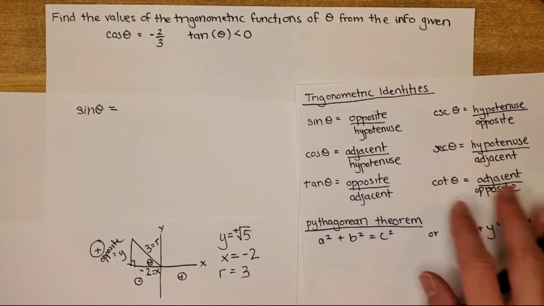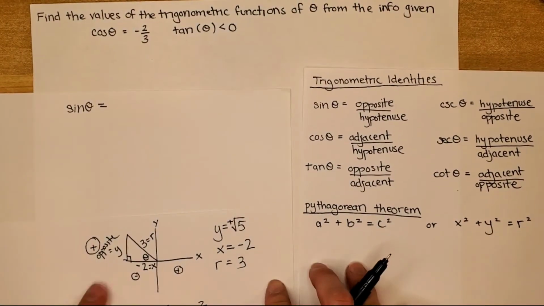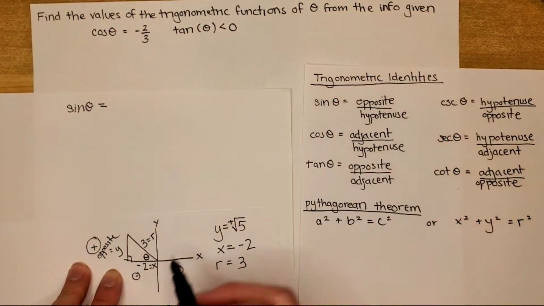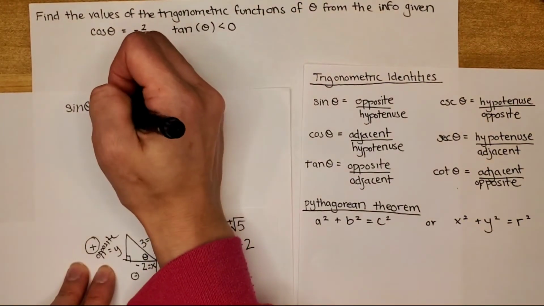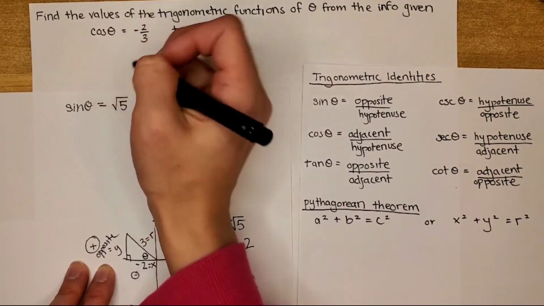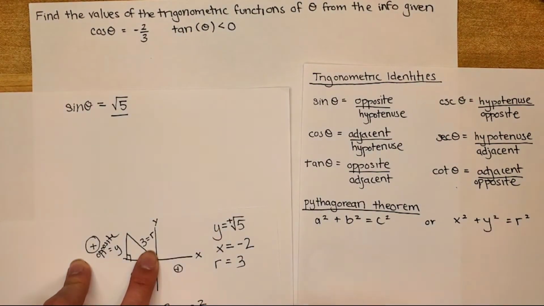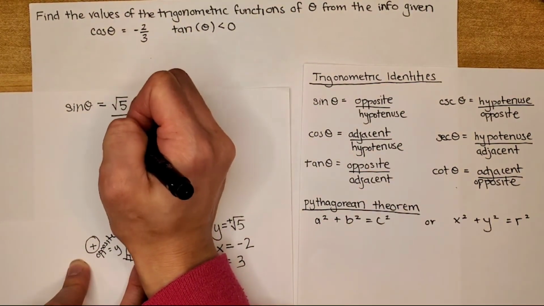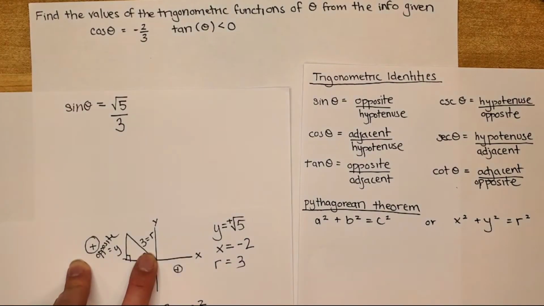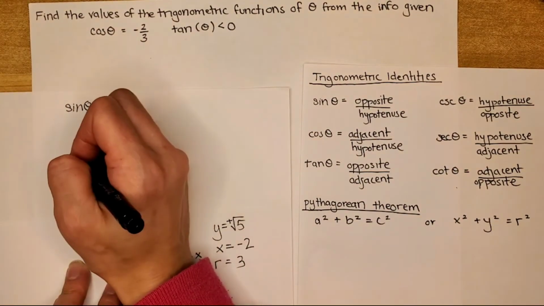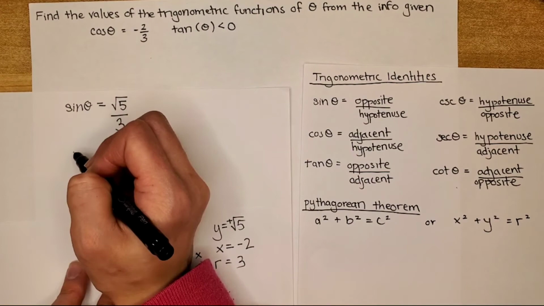When we're considering the opposite, we have a positive y value of square root of 5, and then the r value, which is our hypotenuse, is going to be 3. And so that is going to be our sine theta value. We already have our cosine, so we don't need to worry about that.